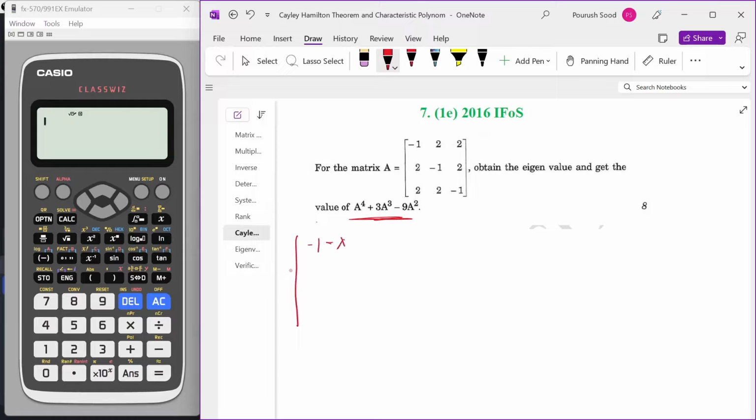Minus 1 minus lambda, 2, 2; 2, minus 1 minus lambda, 2; 2, 2, minus 1 minus lambda. So that gives us minus 1 minus lambda whole cube, 1 plus lambda whole cube. I'll just write it more clearly, sorry.